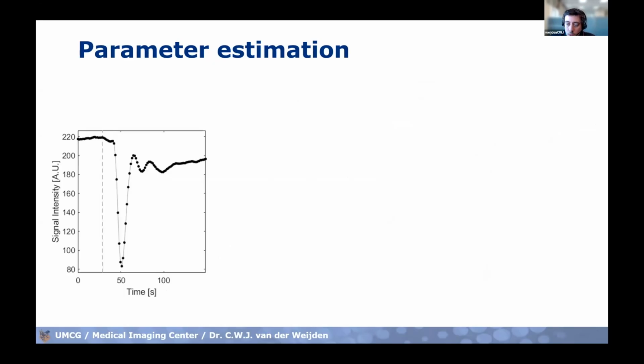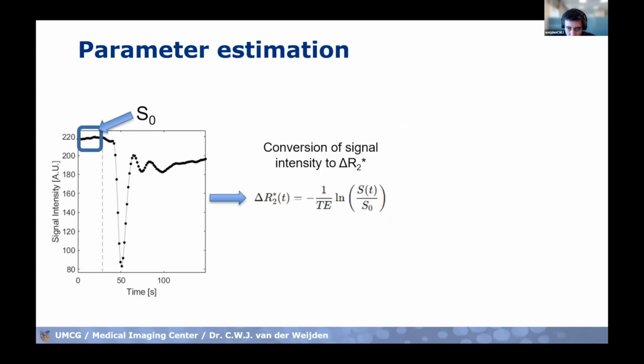Coming back to the measurement of the bolus passage over time, we can measure the change in signal intensity due to the contrast bolus, which is called the time signal intensity curve. For actual parameter derivation from these curves, this time signal intensity curve is corrected for the baseline measurements using this formula.